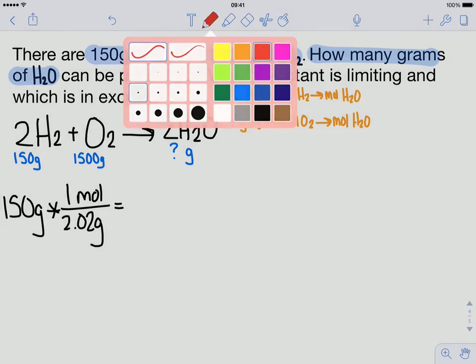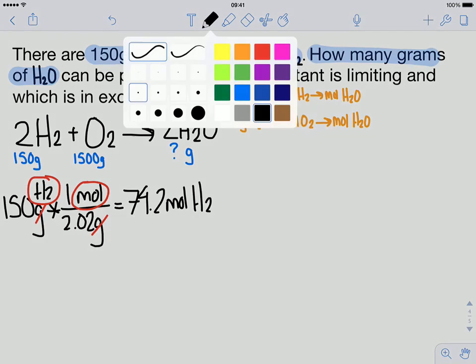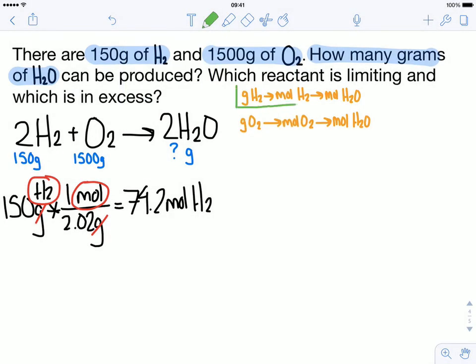Now, for our units, grams cancels with grams, and we're left with moles of H2. So when you put this into your calculator, you should come up with 74.2 moles of H2. Okay, so that took care of this part of the first goal.